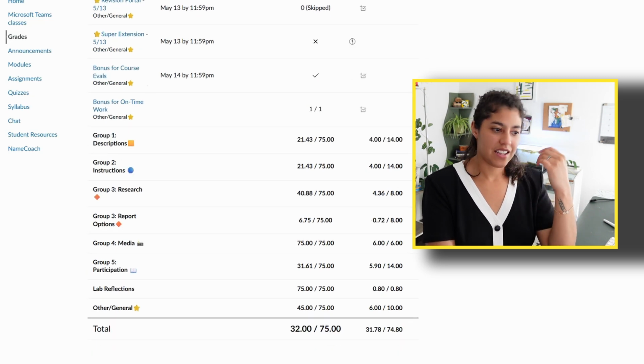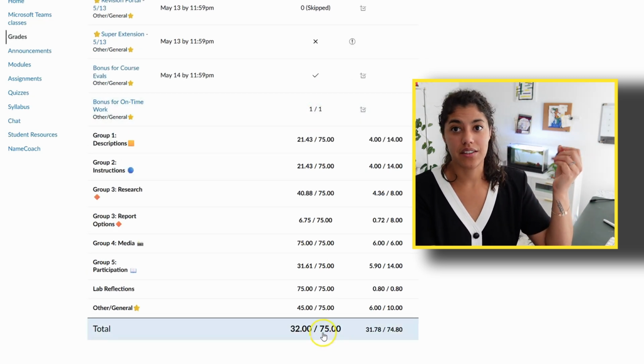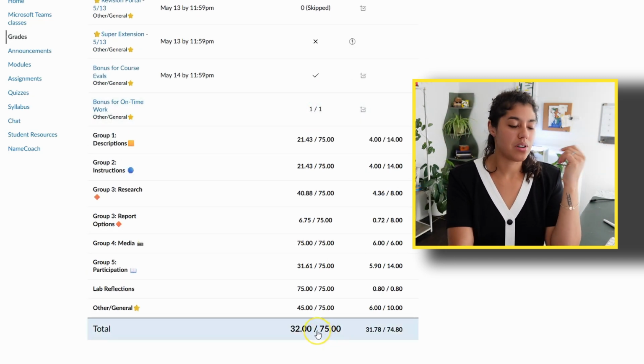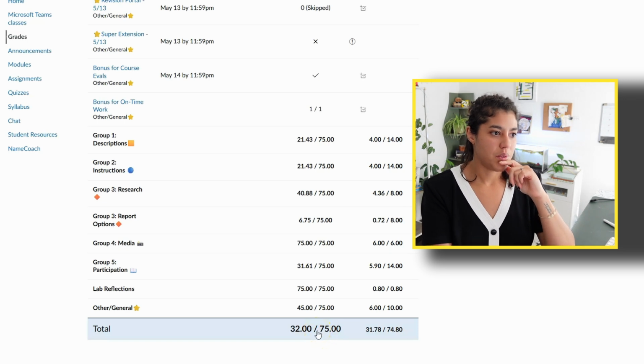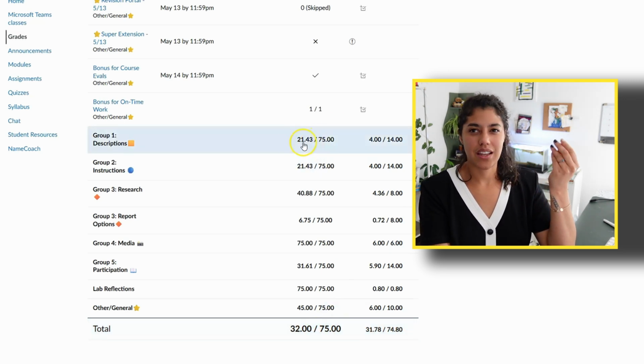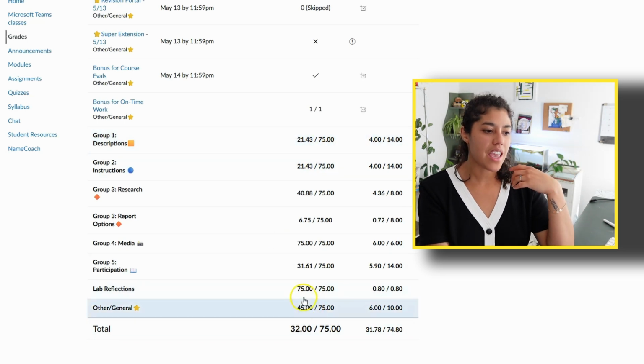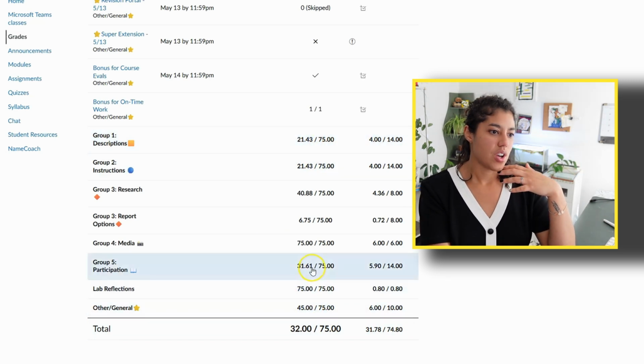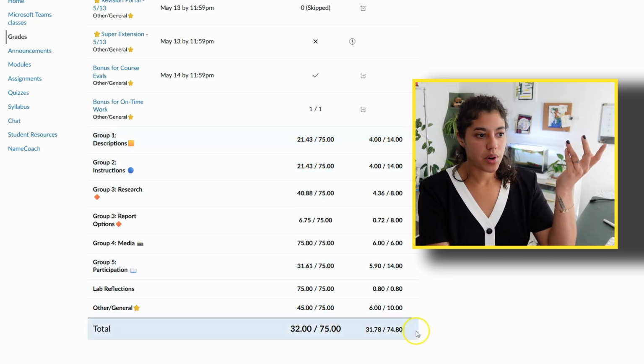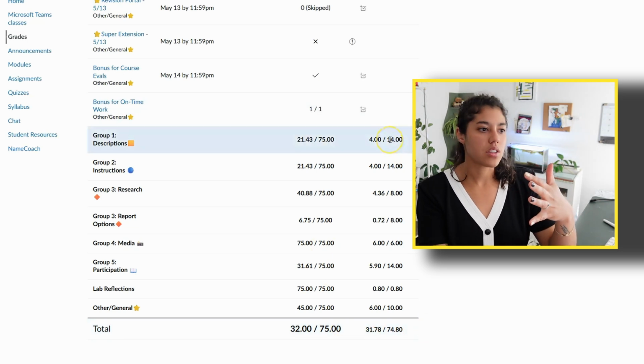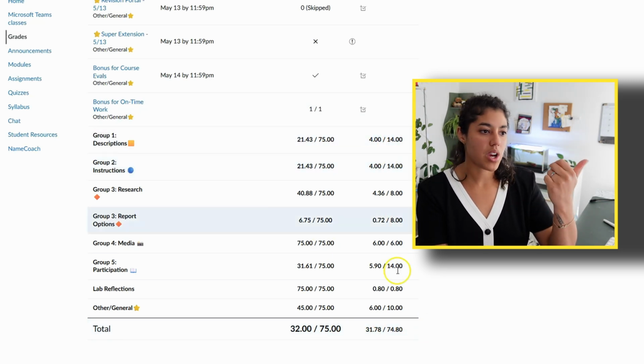Unfortunately, I will have to figure out how to make Canvas not do this if possible. This first column is confusing because it shows a differentiated, weighted version, but the second column is their true points earned. So to get an A, they would have needed 4 points in every category plus 40 overall. This is how I kept track of it and how they could keep track of it.